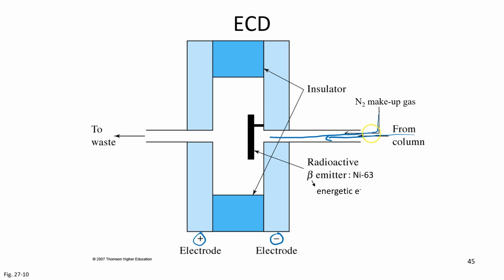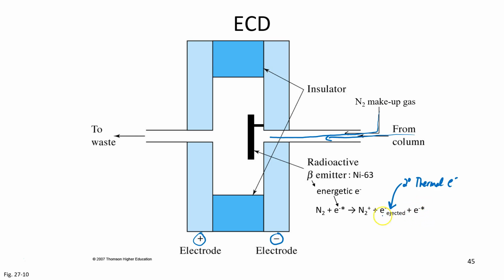So imagine all of this nitrogen gas coming into the detector, and it's getting hit with these energetic beta particles. And what happens? The nitrogen gets ionized. This is the electron ejected from the nitrogen, and that is called a secondary thermal electron. And you may be thinking to yourself, well, why did this beta particle stay so energetic?